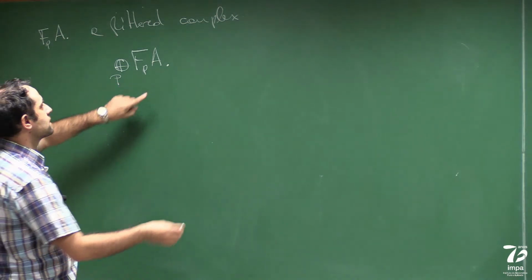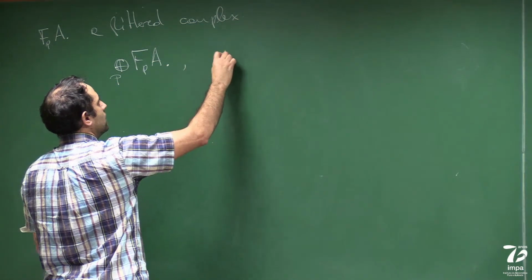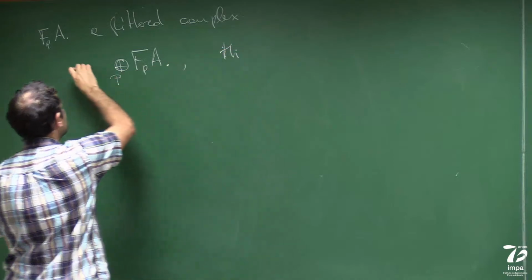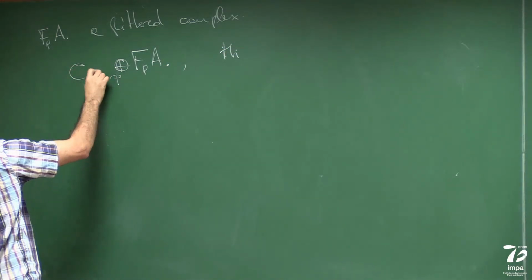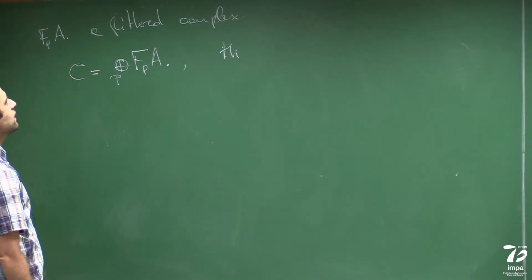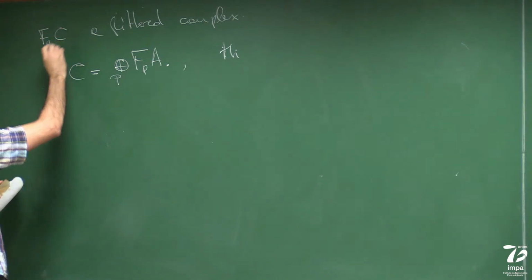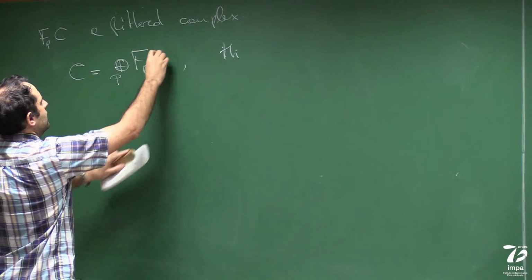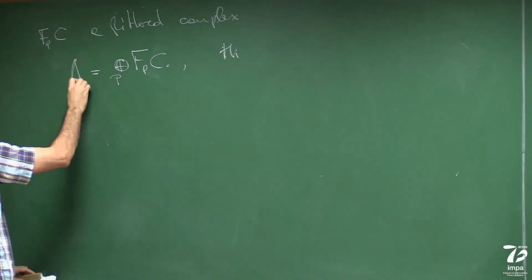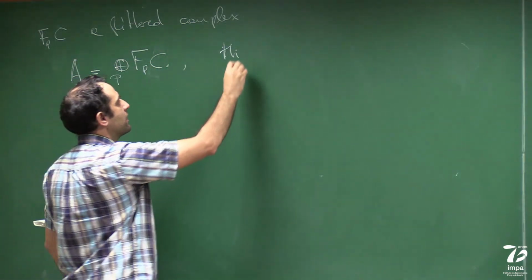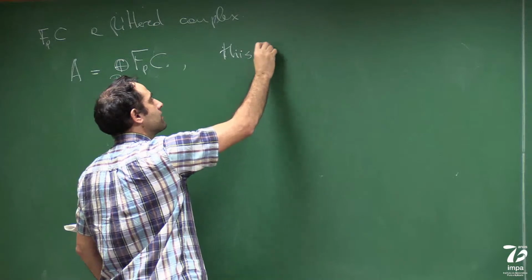So this is a complex. Let me call this guy C. Probably I should have called this guy A. Let's do the other way around. Let's say that this is C, and let's call this guy A. So this A is a complex, and this is a graded complex.